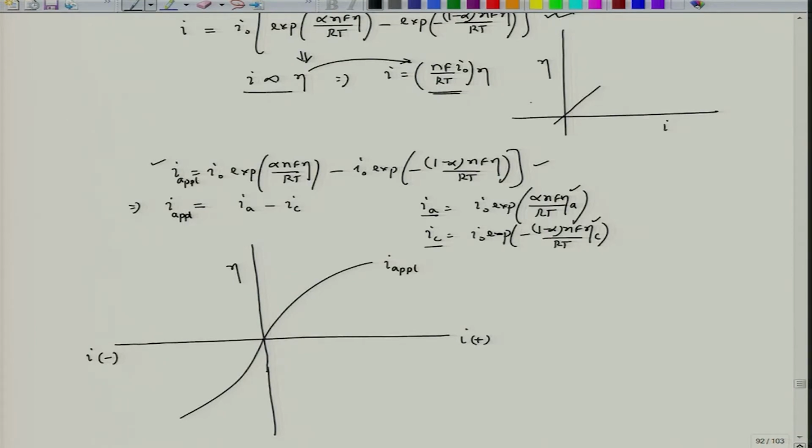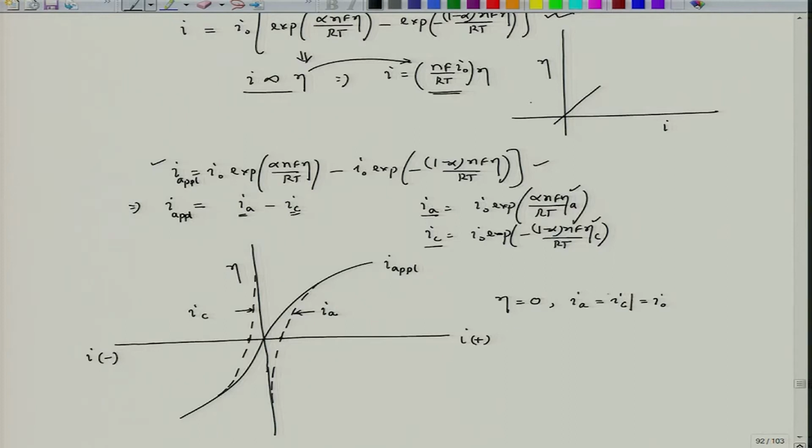Now, I can individually check the current value, the plot of I A as well as I C, and the plot would be looking like this. Fine. So, this is I A, this is I C, and when eta, the over voltage, is 0, I A equal to I C equal to I 0.